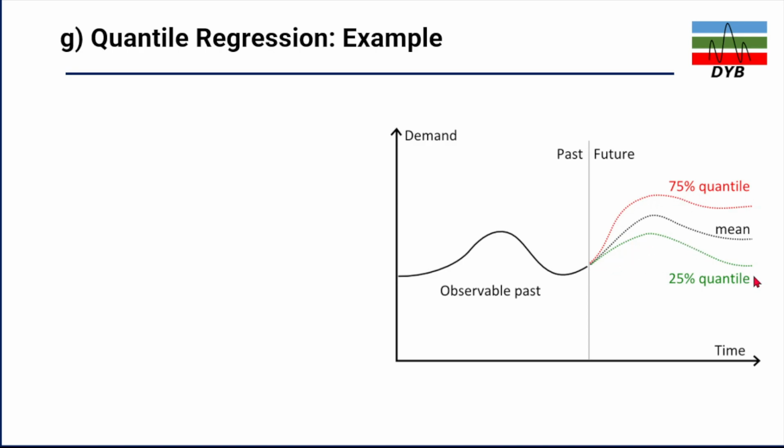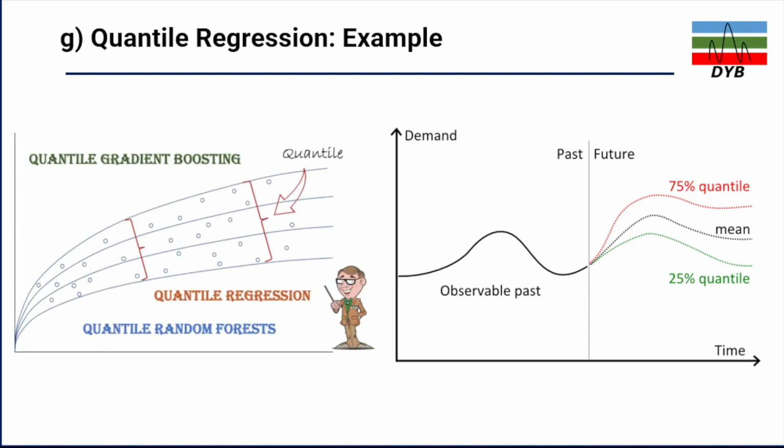And the 25% quantile shows the curve like this green color. We can also find the mean in between that. And also the quantile gradient boosting, which normally starts from here. If you have the data here, which is the random forest, and this quantile regression, it looks like this one.